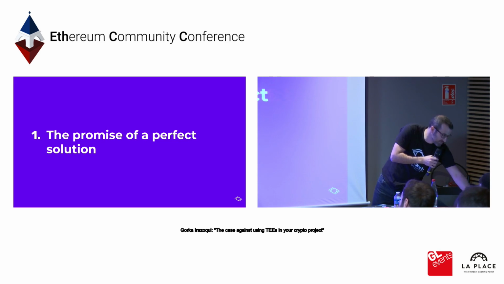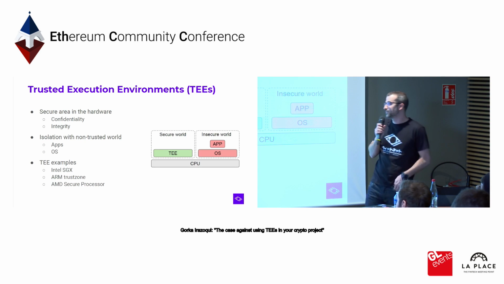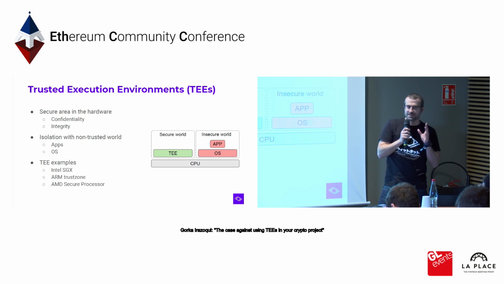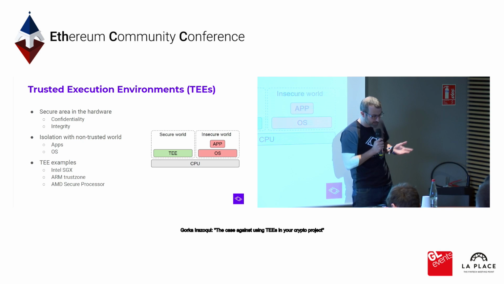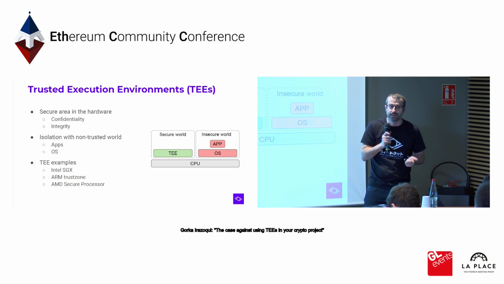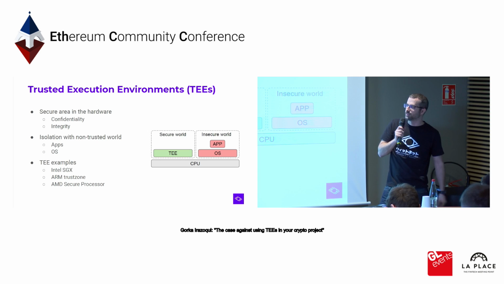So, the promise of a perfect solution. TEEs stands for Trusted Execution Environments, which are simply a secure area in the hardware that aims to provide confidentiality, meaning having data encrypted, and also integrity. It's trying to prevent anyone from tampering with the data.